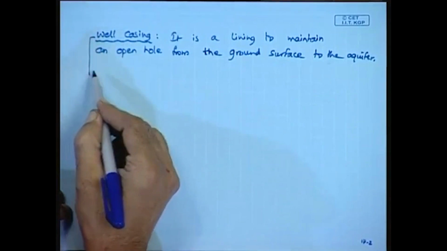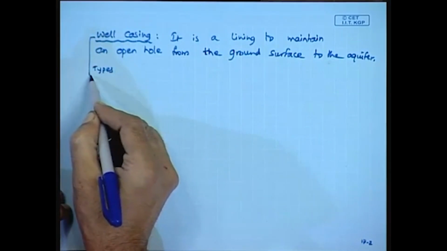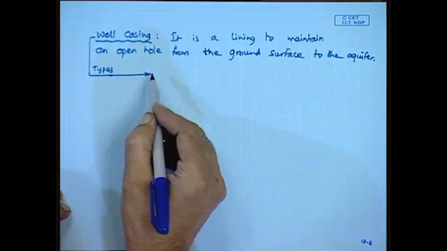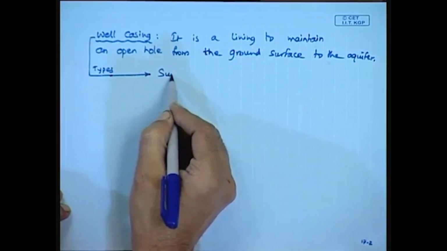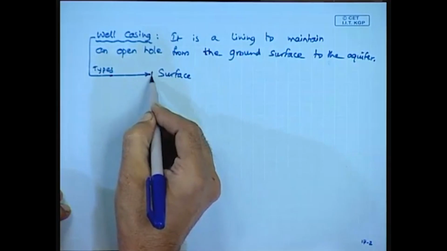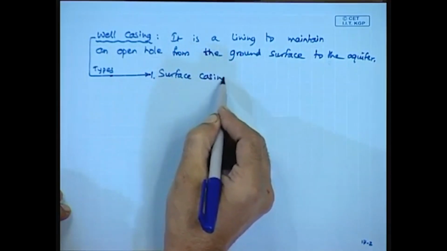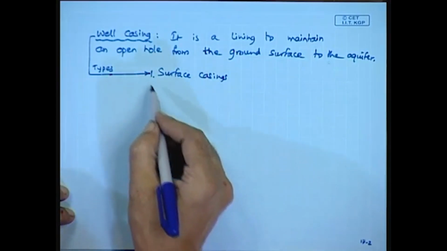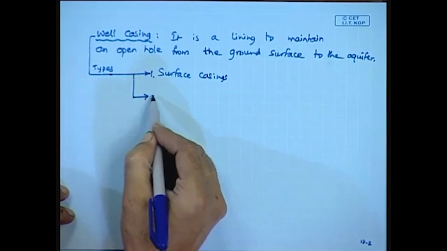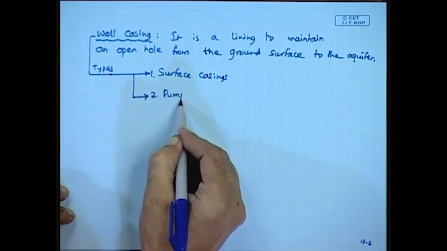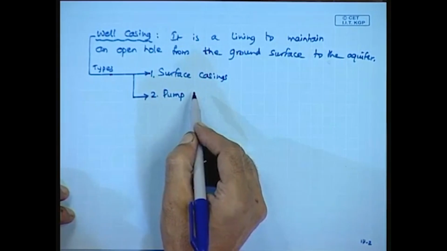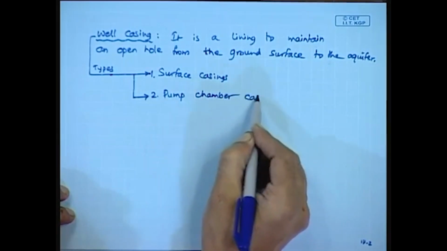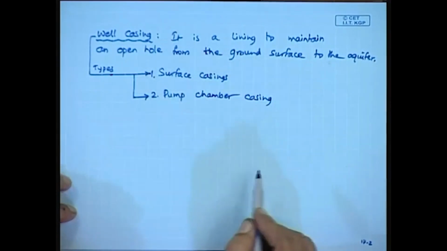The first one is the surface casing, followed by the pump chamber casing. These are all self explanatory.